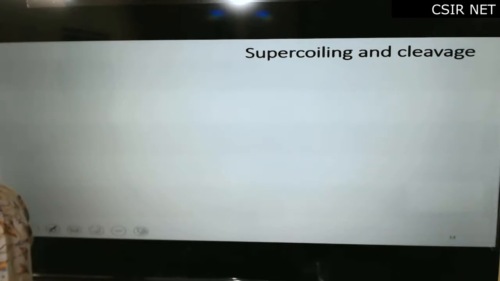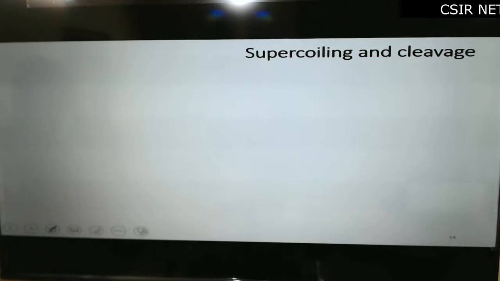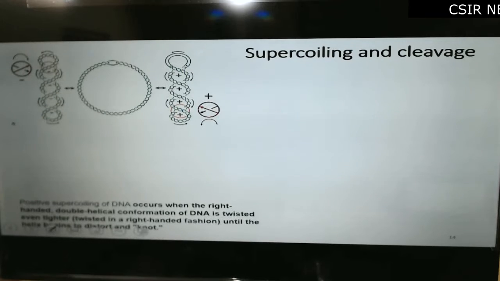Here in this slide we are going to discuss the supercoiling and cleavage in the DNA. There are 2 different types of supercoil, positive and negative. Positive supercoiling occurs when the right-handed helix is twisted even tighter in the right-handed direction. A right-handed helix twisted in the right-handed direction is a positive supercoil.